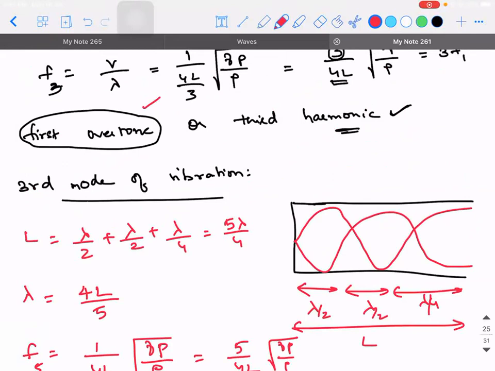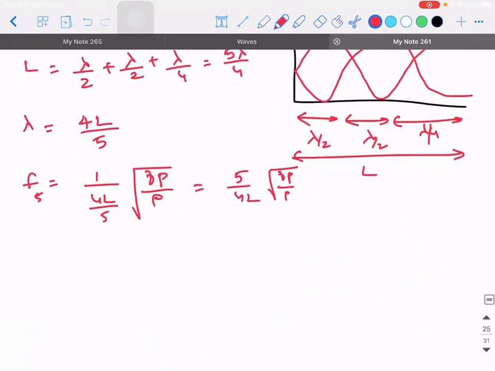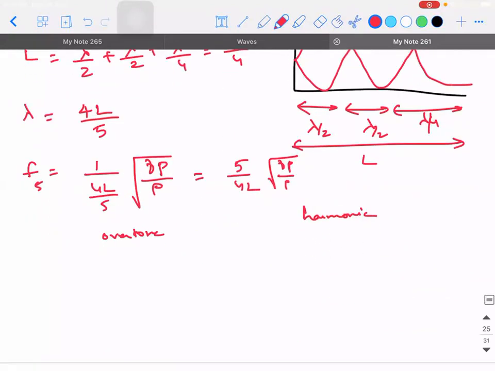So it is called which overtone and which harmonic? Second overtone, fifth harmonic.